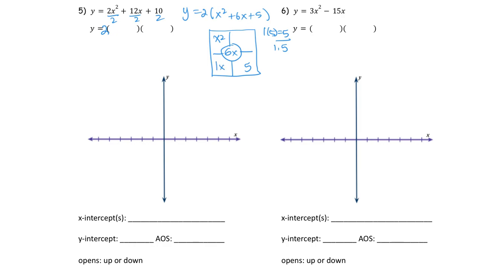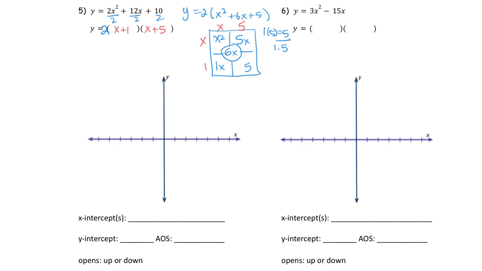So 1x and 5x can be written here. Those values could be exchanged. And factoring out the greatest common factor of each row and each column, these would be my factors. So x plus 1 and x plus 5 are my 2 factors.